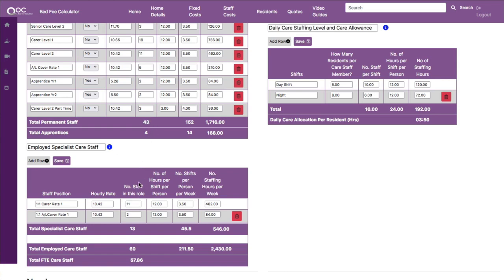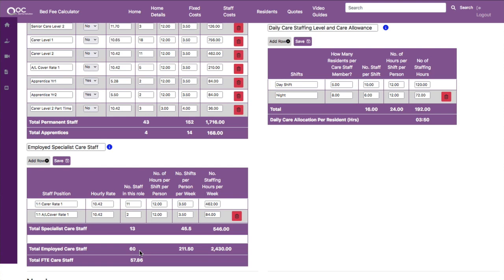But in this case, there are quite a few residents who need specialist care, and this provider needs to employ 11 extra carers to provide that specialist care, with 2 as annual leave cover for them. So that's 13. So overall, you're employing 60 carers.